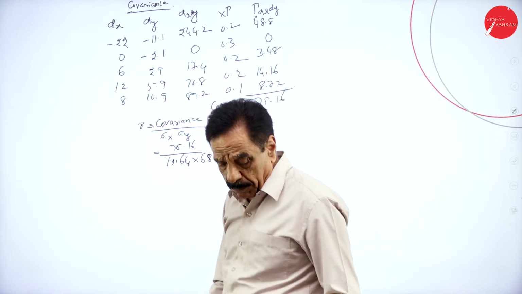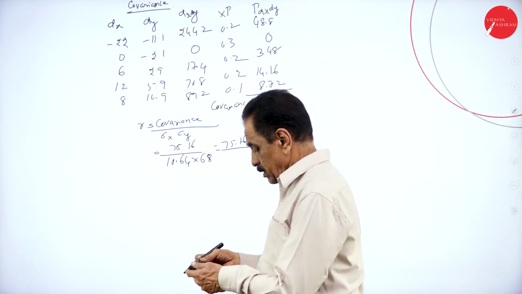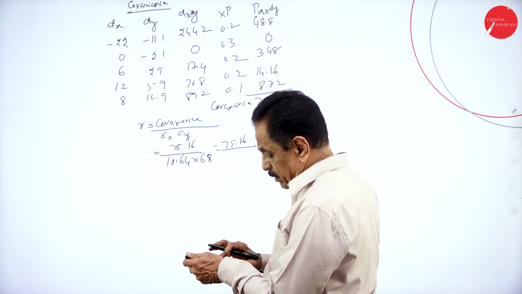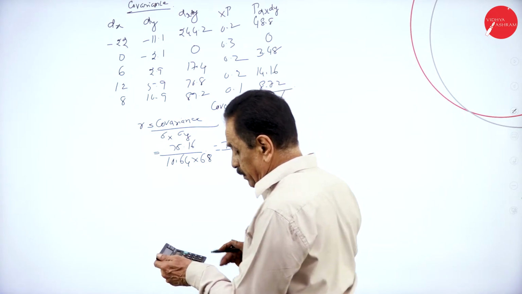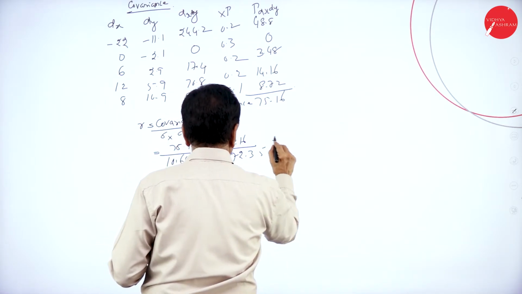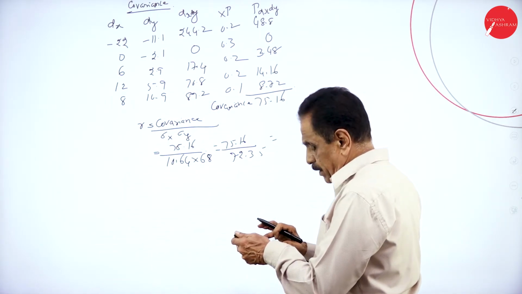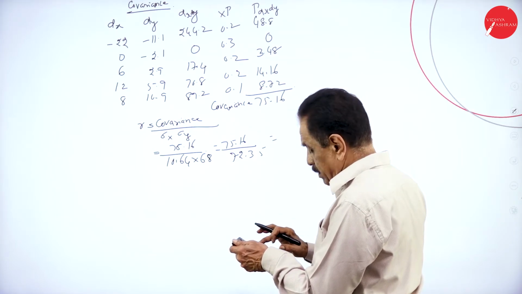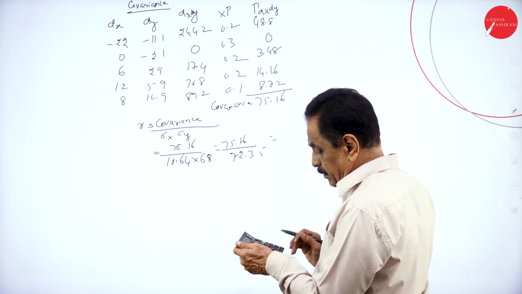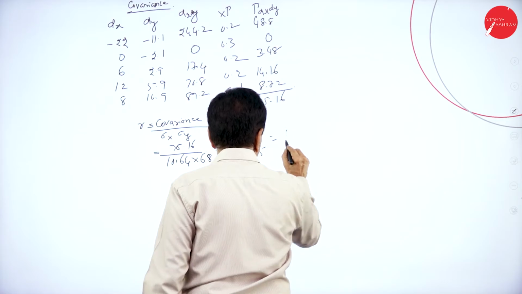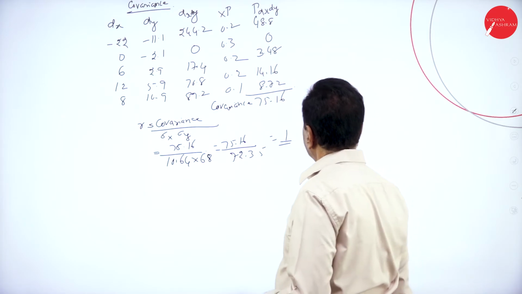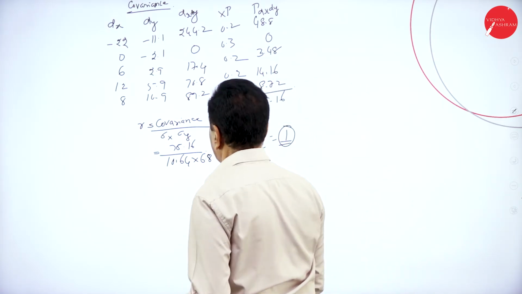So it is 10.64 into 6.8, 72.35. 75.16 divided by 72.35, 1.03, 1. So your correlation is 1. R is equal to 1.